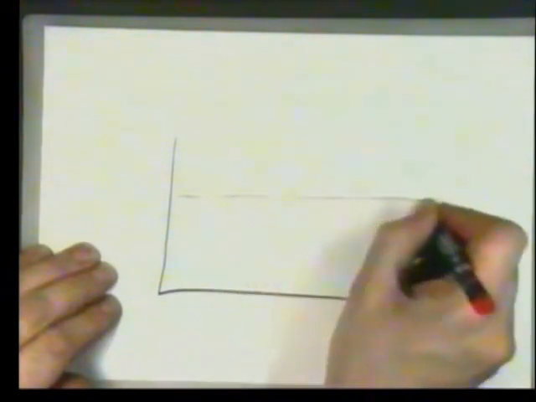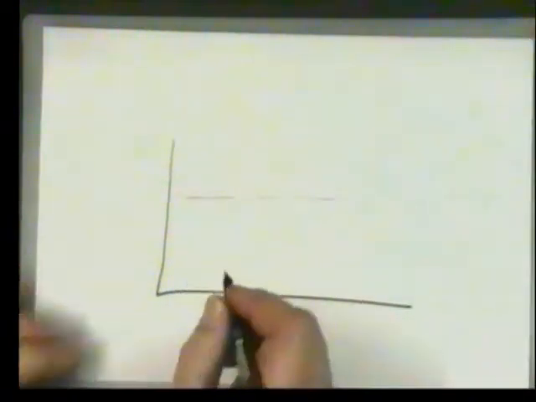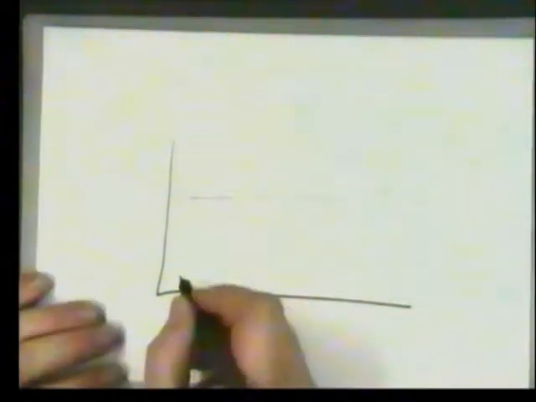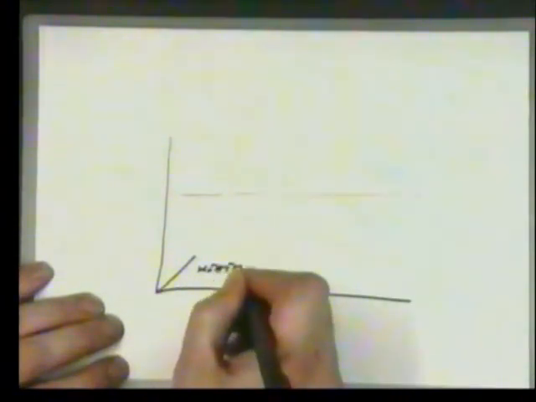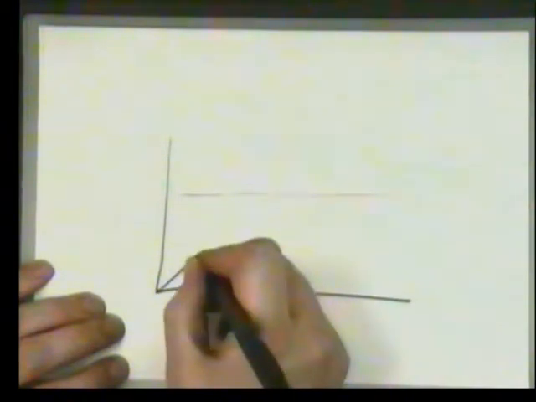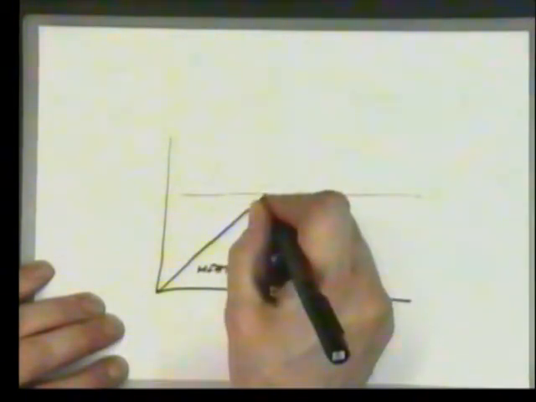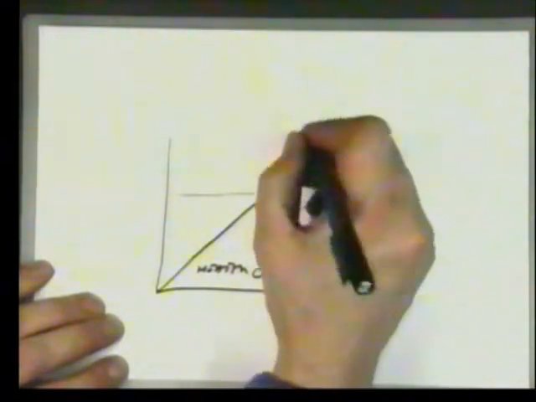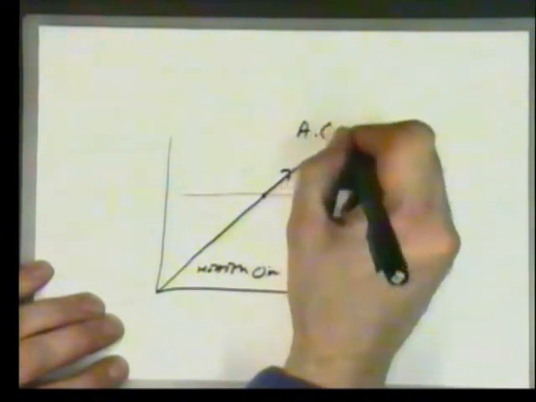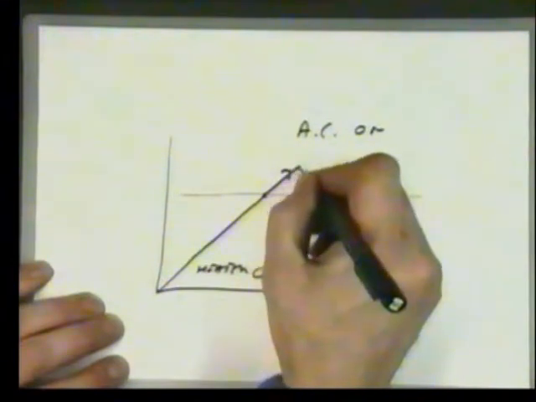Let's have our set point again. Now clearly, if you're below the set point, you're too cold, the heater will come on until you reach the set point. And as soon as you go through the set point, you would hope the air conditioning comes on to cool you down.